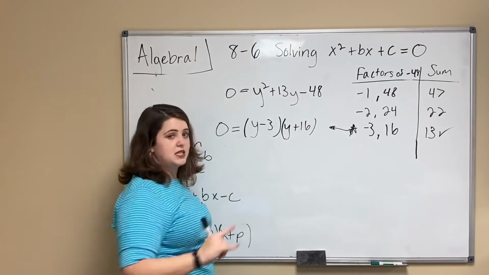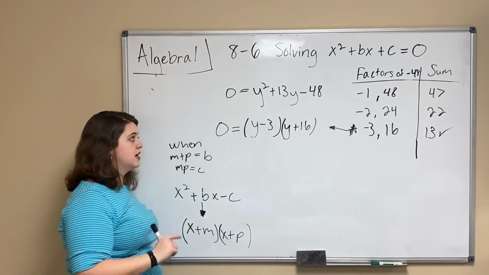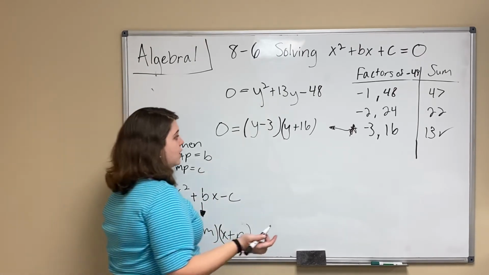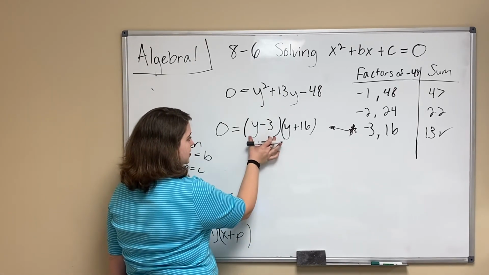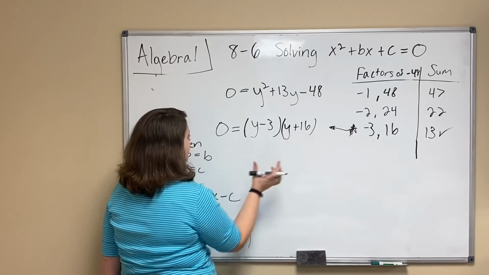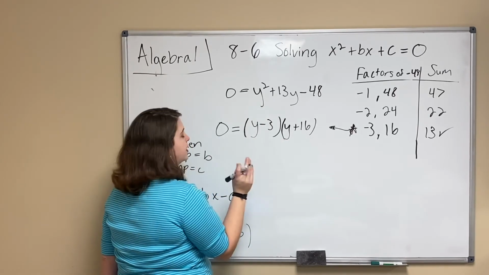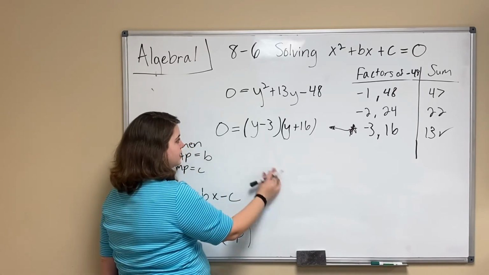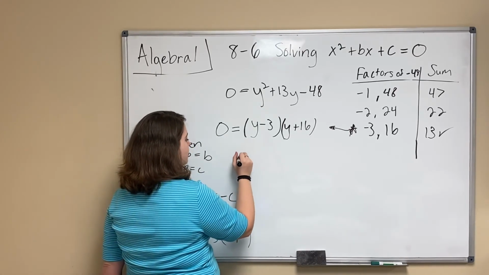Now I'm going to use my zero product property that we learned yesterday to figure out what y could equal. So if you guys remember, we're going to take each binomial and set it equal to 0 independently.